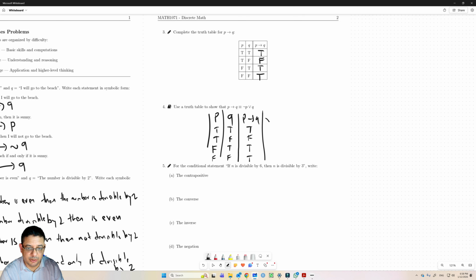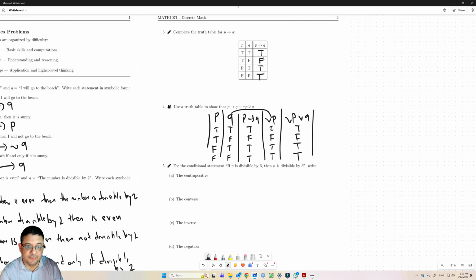And then we need negation of P, which is false, false, true, true. And then negation of P or Q, I'm going to take these two together: false or true, true; false or false, false; true or true, true; and true or true, true.